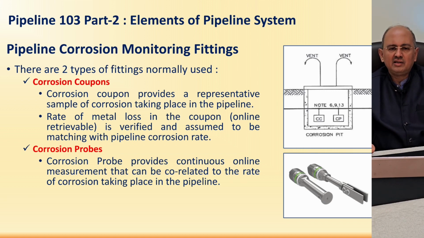But a coupon needs regularly removing out and then checking its condition, whereas probes provide you continuous online measurement. So these two are the techniques typically used for corrosion monitoring of the pipeline, just to get a representative feel of what kind of corrosion rate must be happening in the pipeline, and accordingly the mitigation measures then can be set.